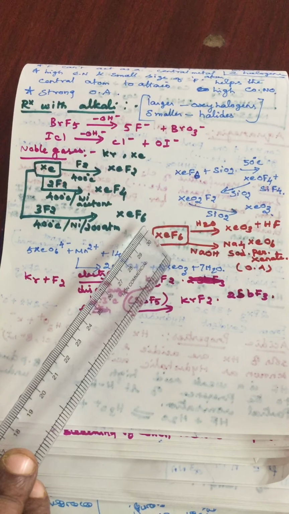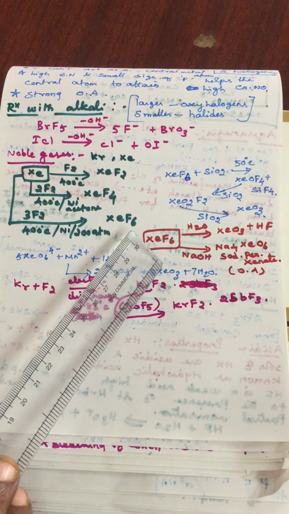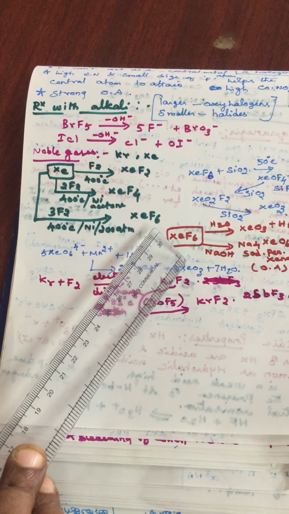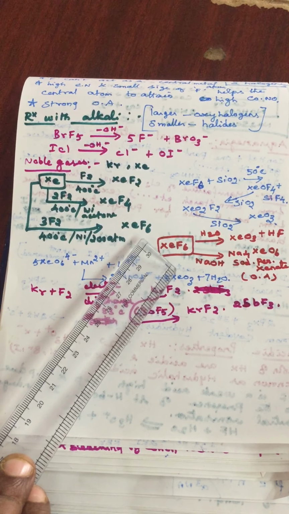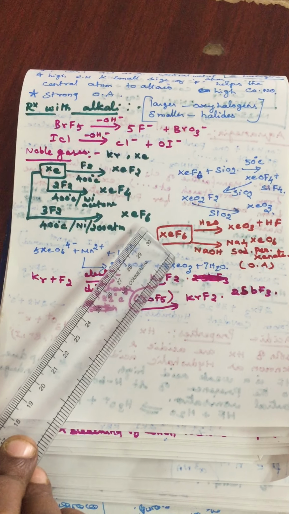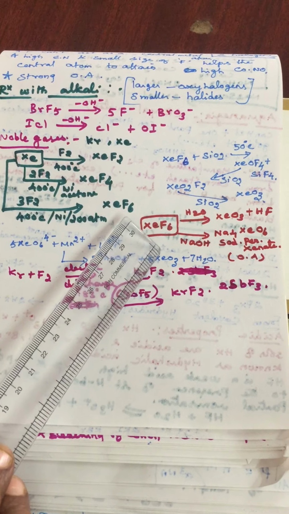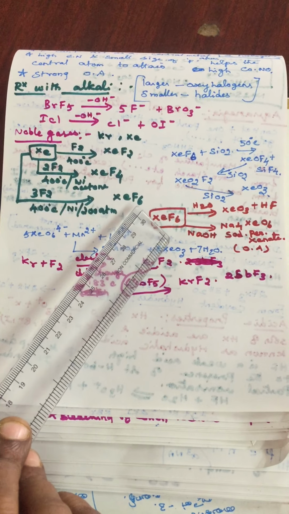Xenon hexafluoride, when treated with sodium hydroxide, gives one important oxidizing agent, called sodium perxenate. This is a 2-mark question. So sodium perxenate, how is it prepared? When xenon hexafluoride is treated with an alkali, sodium hydroxide, it forms a strong oxidizing agent, sodium perxenate. How do you prove the oxidizing nature of sodium perxenate?